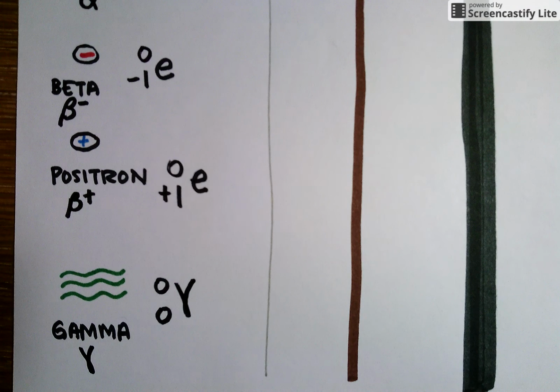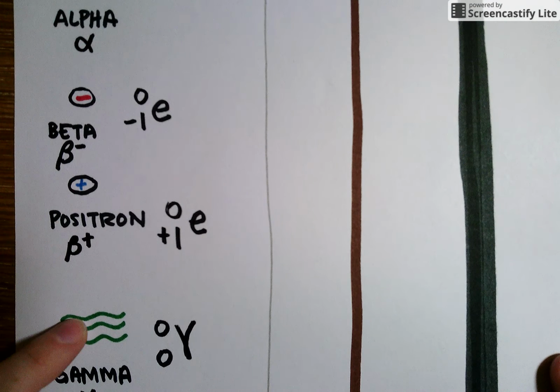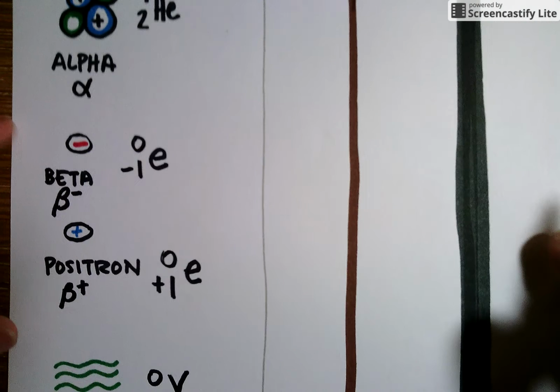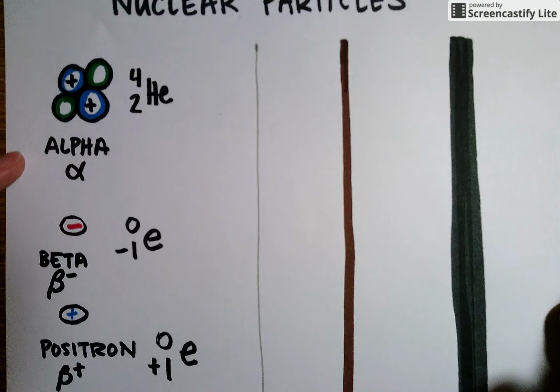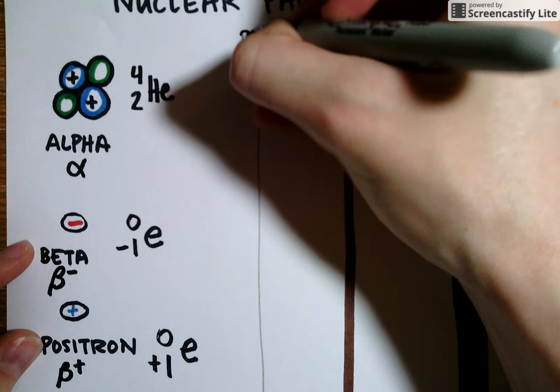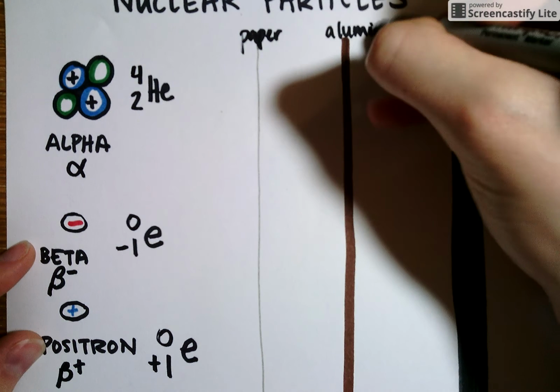What you're going to find when we compare the properties of these four different types of radiation is that as we decrease in mass, we're actually increasing in the relative power of those radioactive things. What I mean by that, if we go back up to our alpha radiation, these three lines represent three different substances. This gray line is just paper. This brown line represents something like aluminum foil.